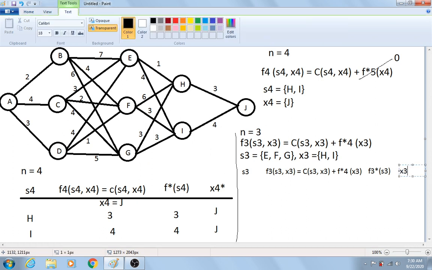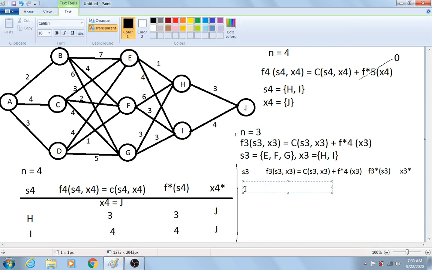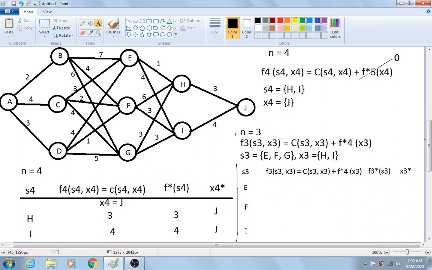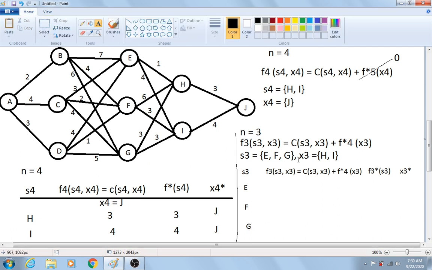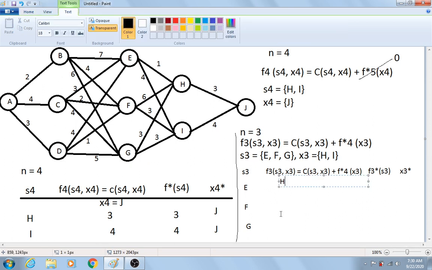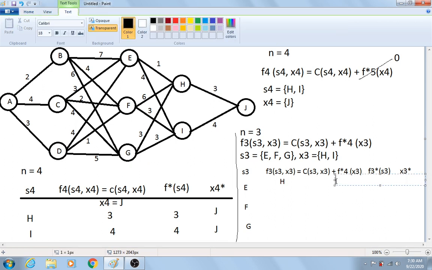So that is x3 star. Okay, and remember our position will be E, and then F, and after that G, and we have two destinations, which are H and I.